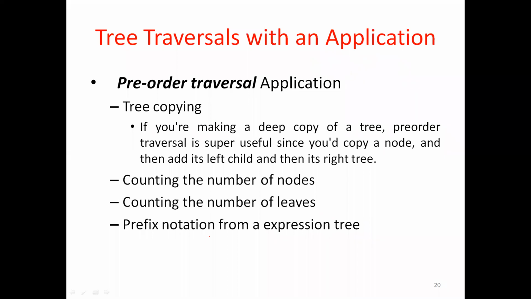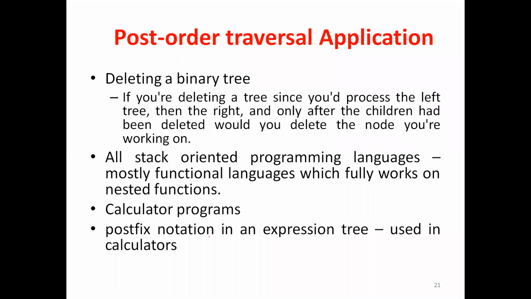Next, post-order traversal. So what is the main advantage of this post-order traversal? Deleting a binary tree. Okay, this is the advantage. If you want to delete a tree, in previous classes I told about it, what will you do?